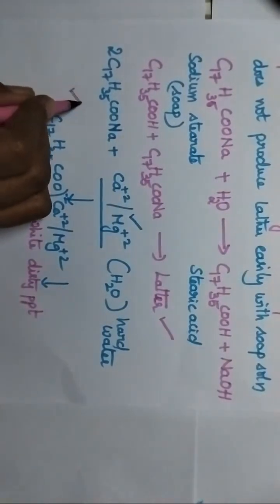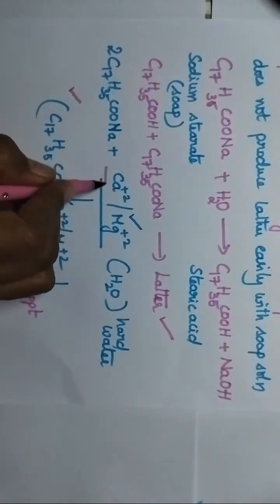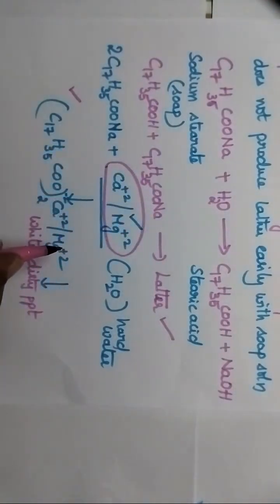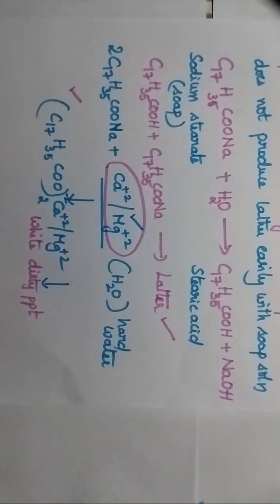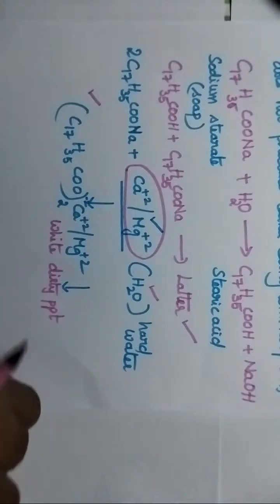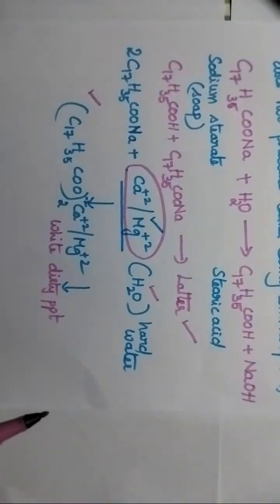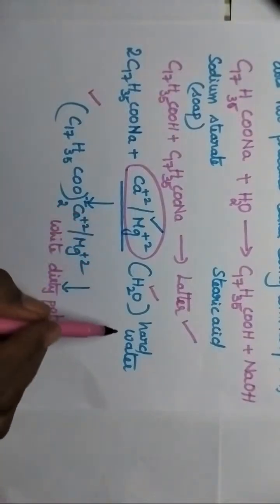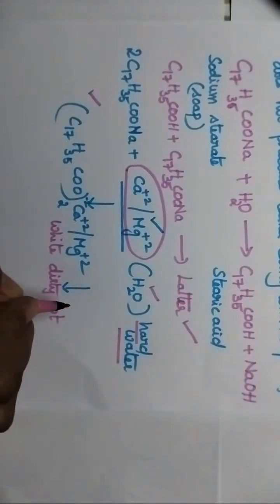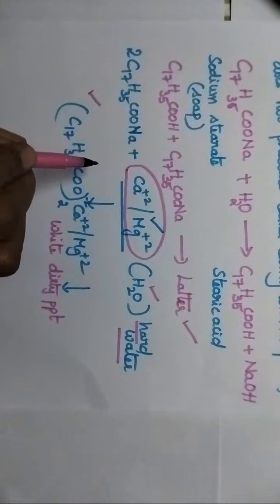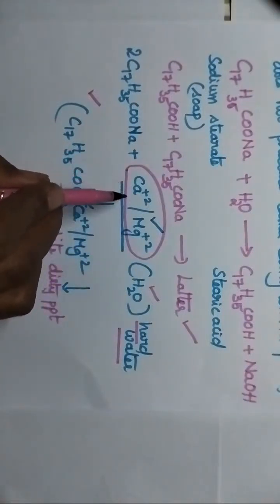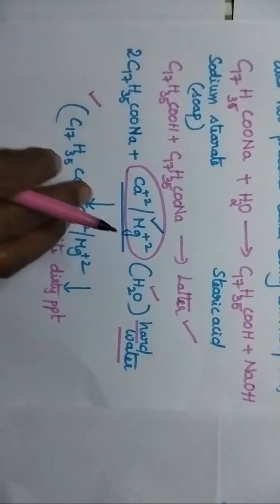This reaction proceeds until all the calcium and magnesium salts present in the hard water are consumed. Then it reacts with water and produces lather after some time. So hard water does not produce lather immediately with soap solution. This is due to the presence of dissolved calcium and magnesium salts.